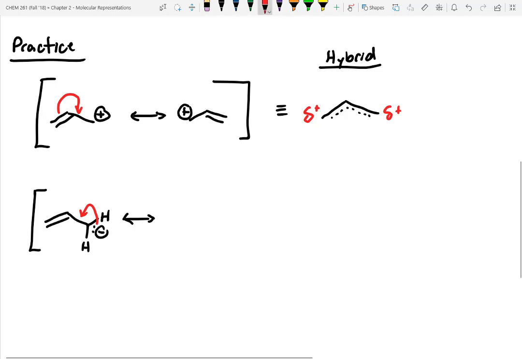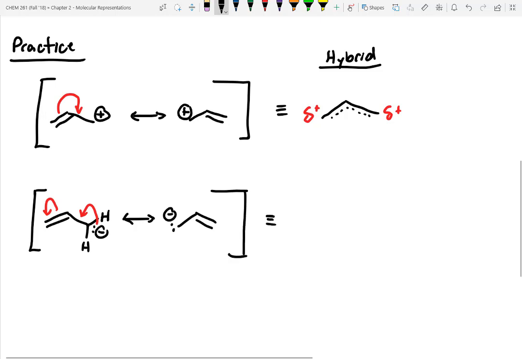If we want to make sure that that central carbon doesn't violate the octet rule, we can move this pi bond over to that carbon, right? So we can go ahead and say the structure should look like this with the negative charge all the way over there. We have only moved lone pairs and pi bonds. We haven't violated the octet rule, and we haven't broken or moved sigma bonds in any way.